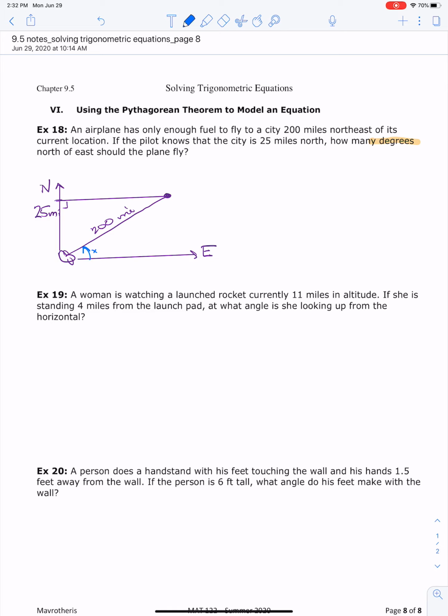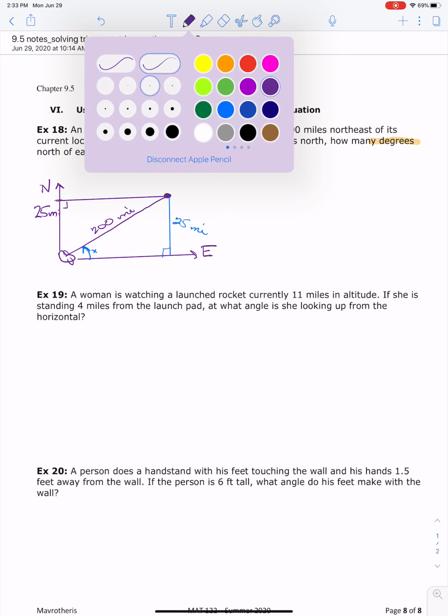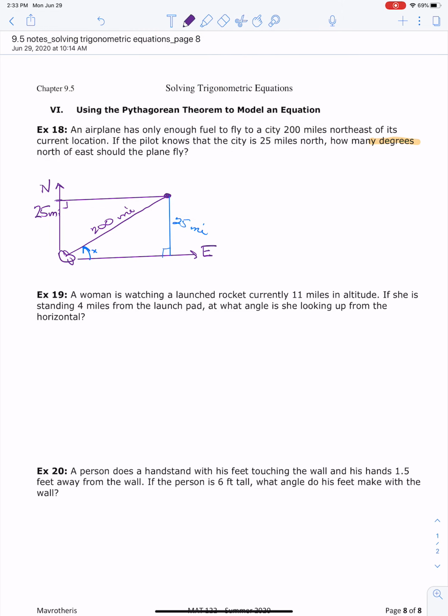Okay. So because I'm talking about right triangles, I really could just drop this side here. It's going to be the same as the other side. I mean, that right triangle is going to be half of a rectangle. And so if I'm trying to find x, I have the opposite side. I have the hypotenuse.